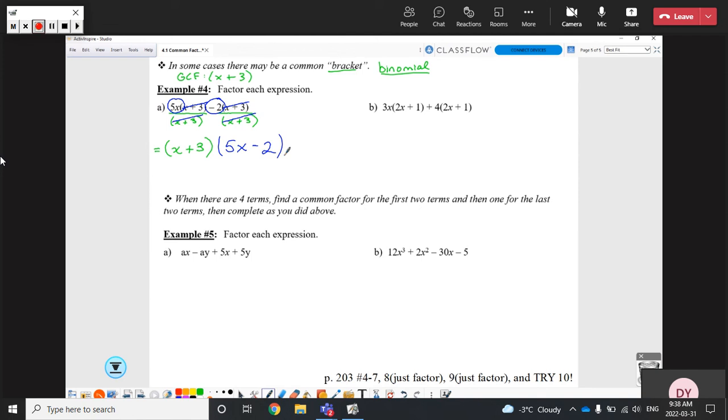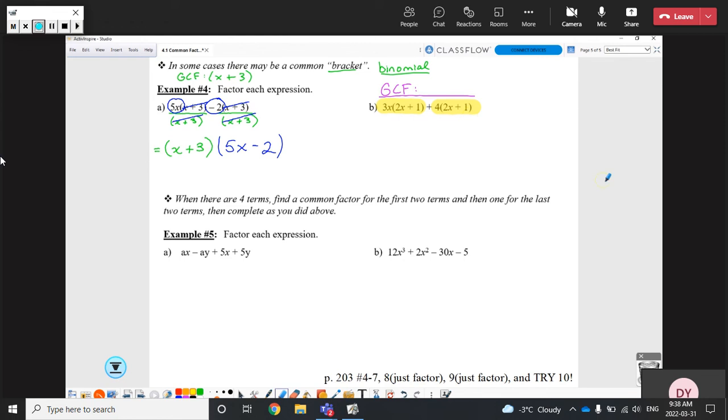Can I do it again slower? Yeah. How about we'll do a second one? Again, it looks a little funny, but it's quite literally the same steps as we took before. Folks, what's our greatest common factor for these two? Actually, Camille, can you help me with this one? We got the first term as this and the second term as that. Now remember, terms are separated by addition and subtraction. So this is for sure one term right here, and this is another term.